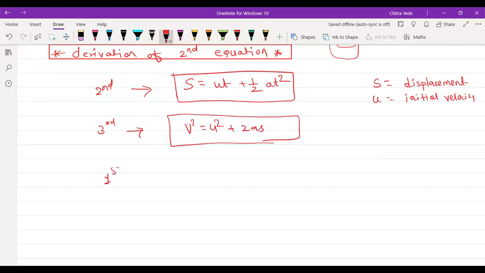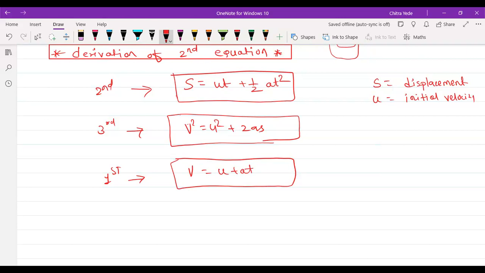And the first equation, which we just derived, is v equals u plus a t. These are the three equations you have to remember always.